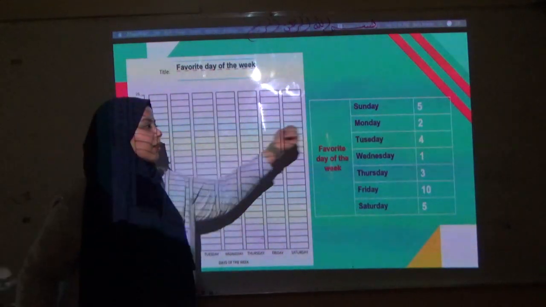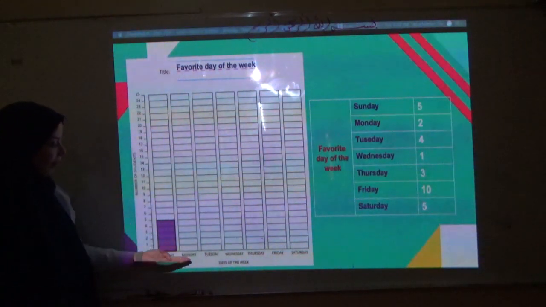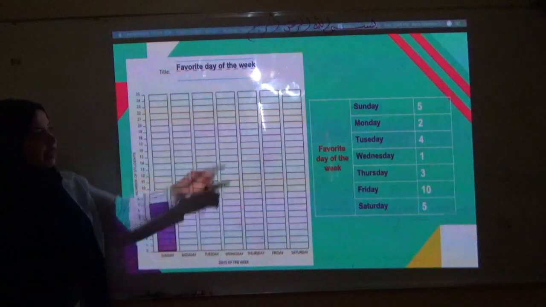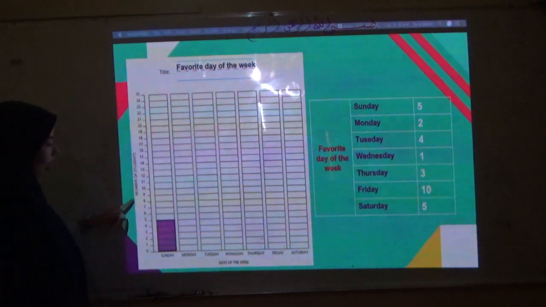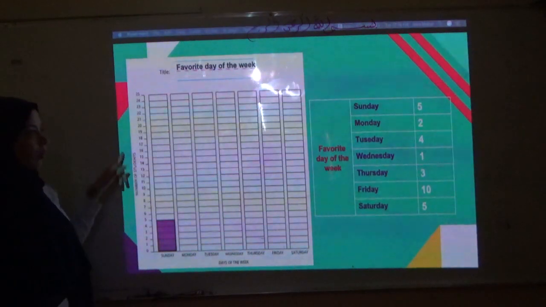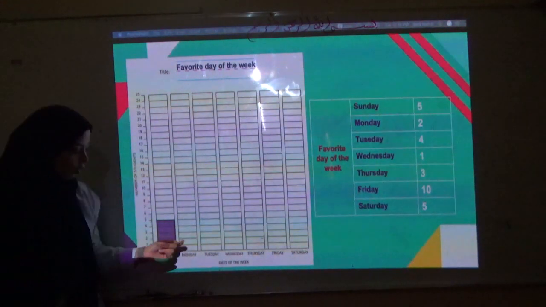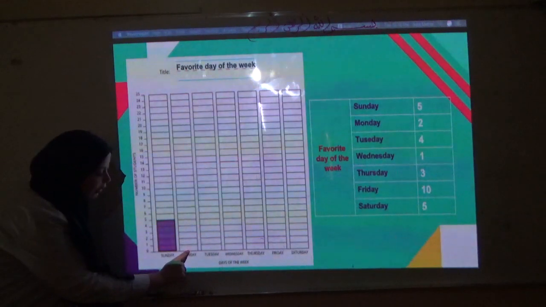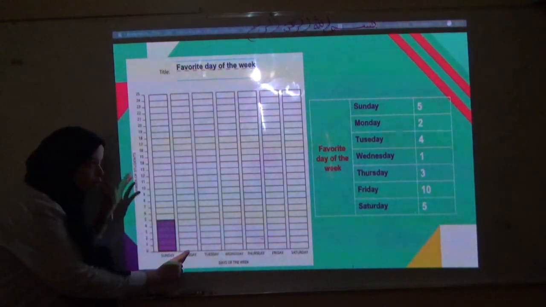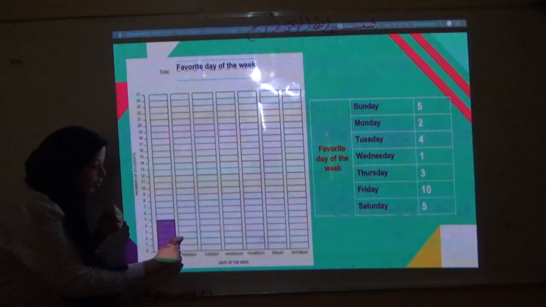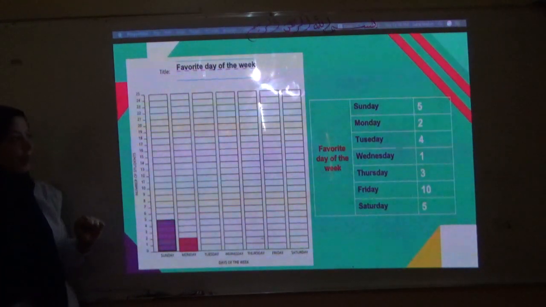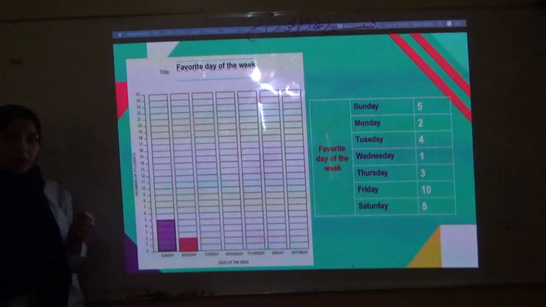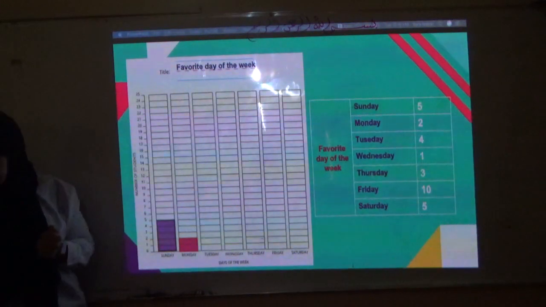The second one is Monday. I will go to Monday, and here again my data is equal to 2, which represents 2 students who like Monday. So I will start from 0, and then I will go up 2 units, 1 and 2. And then I will color my rectangle. For Tuesday, I'll do the same. I have 4, as you can see.